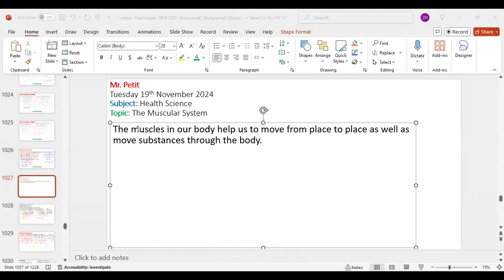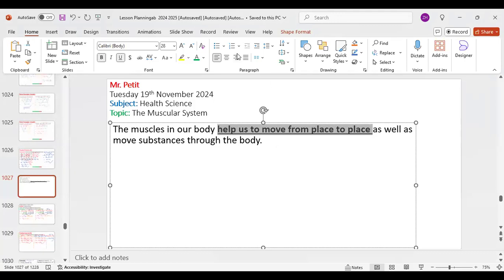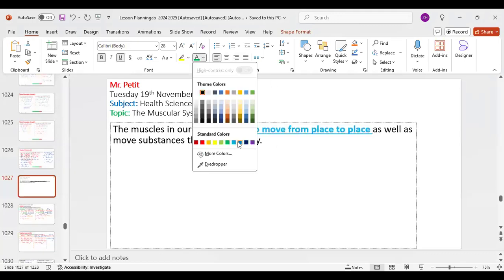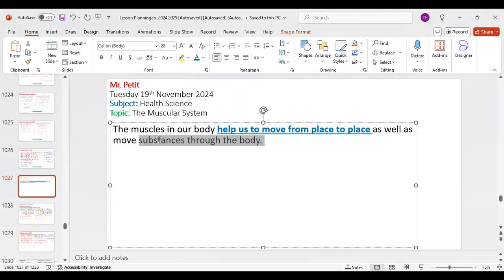Very good. And Wyatt, what's the function of the muscles in the body? Help us to move place to place as well, and move substances throughout the body. Very good. It helps to move substances through the body, I should say.